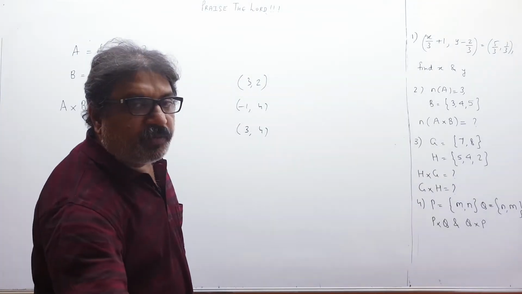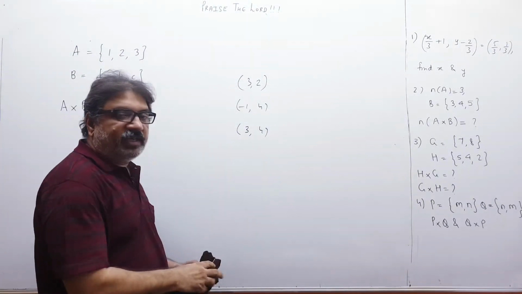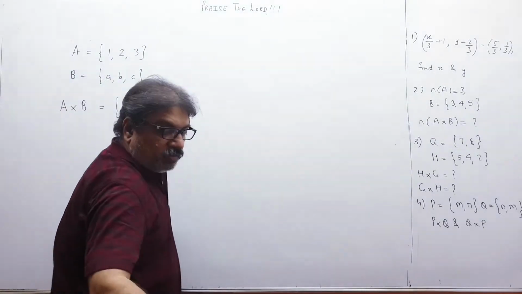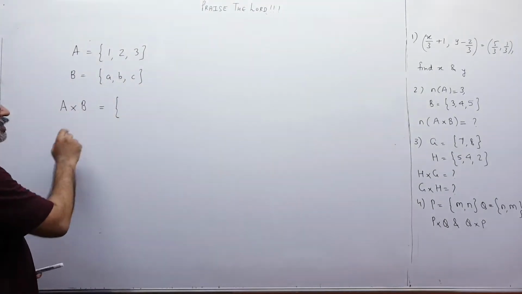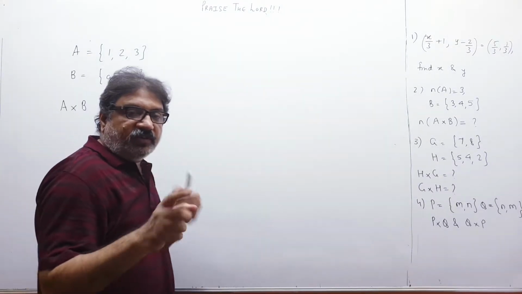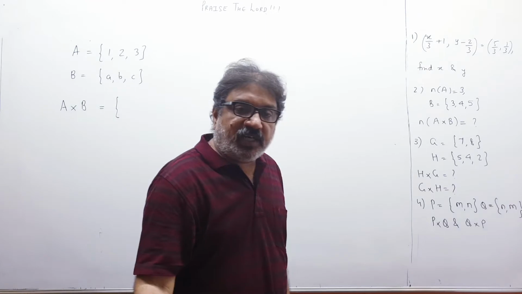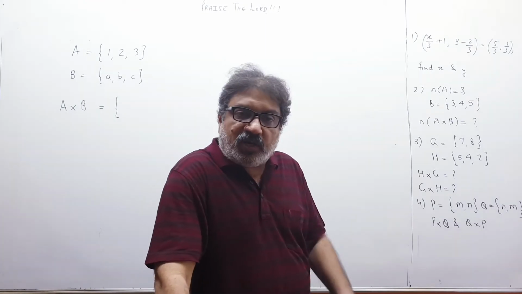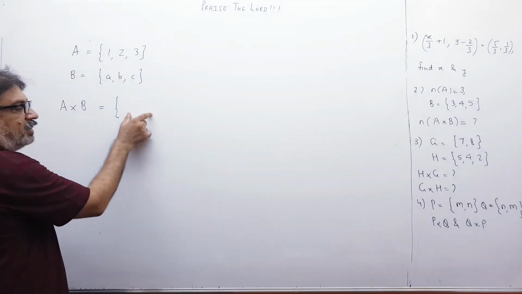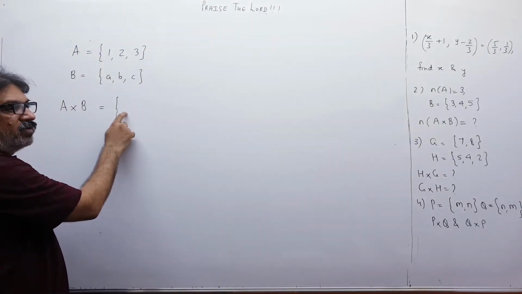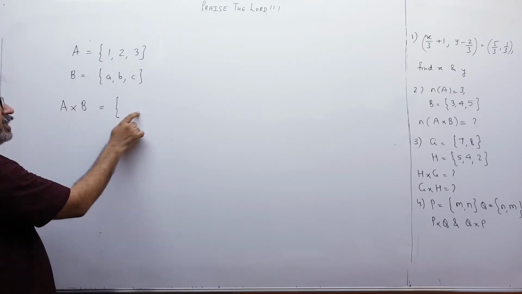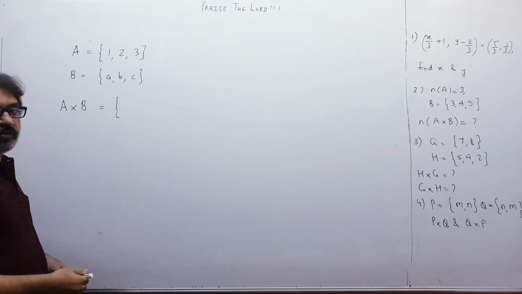In an ordered pair you need two elements: the first is called the x coordinate and the second the y coordinate. So when I write an ordered pair, there will be two elements, the first element comma the second element. The first element will come from A, the second element will come from B, therefore A cross B.